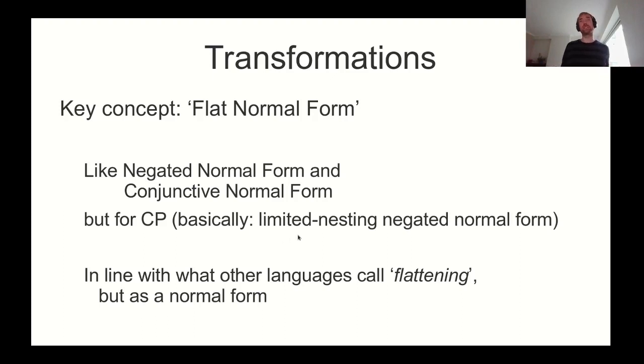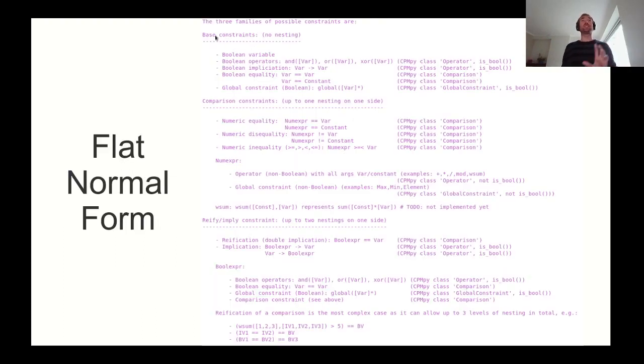It's a limited nested normal form for CP expressions. What this does is actually in line with what other languages call flattening, the removal of sub-expressions, but we express it as a normal form, meaning that we define the kind of expressions that are valid in this flat normal form.